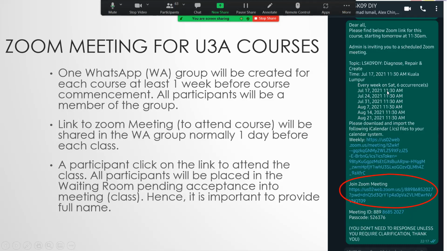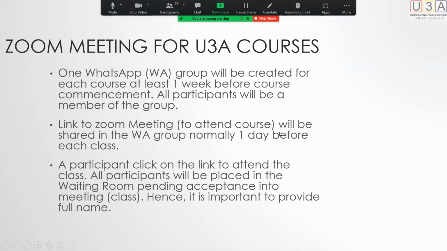So if there are 6 sessions, it's valid for all the 6 sessions. Oh, okay, that's great. Thank you. So that you know that there's only one. You don't need to worry about changing or having a different one the next week and the week after. So we always set to you the same one throughout the duration of the course.